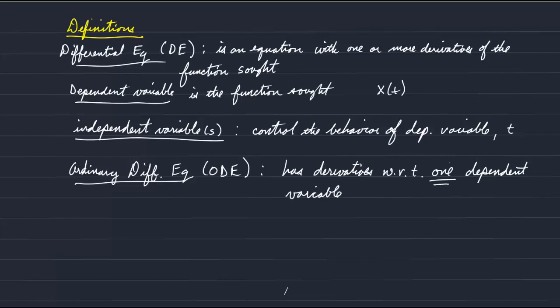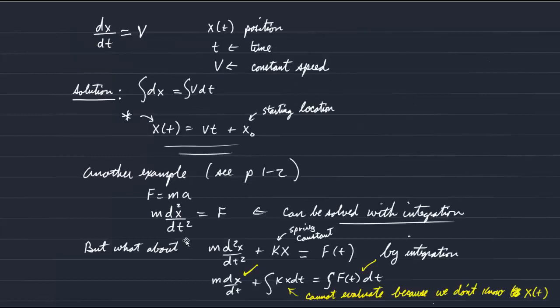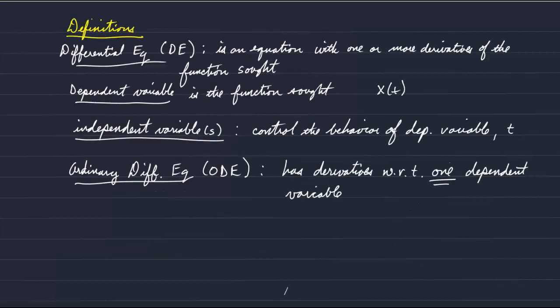So this equation, F equals ma, was an ordinary differential equation because the only dependence was on t, or time.